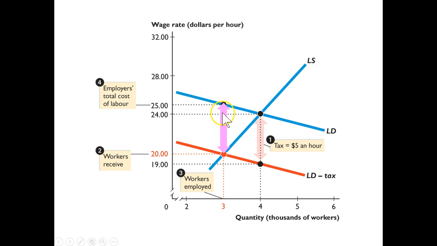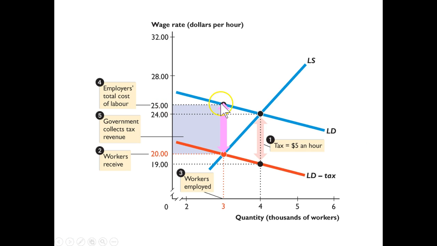What about the part of the tax that's imposed on the workers? Well, they were originally getting $24, but now after the tax has been imposed, they're actually receiving $20. So that's $4 of the tax per unit of labour that is paid by the workers. So we can see again that the tax predominantly falls on the workers.